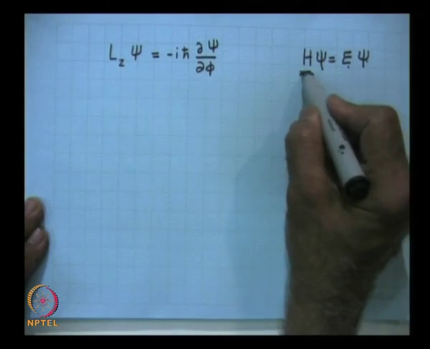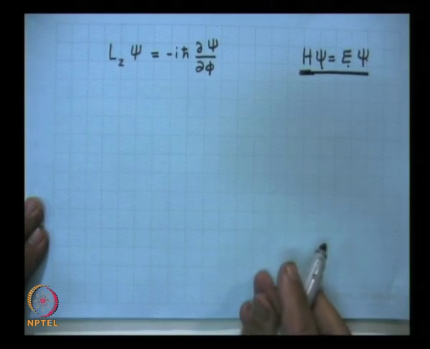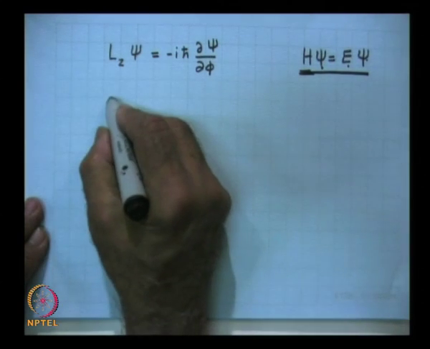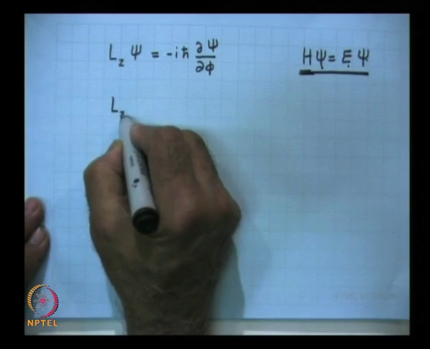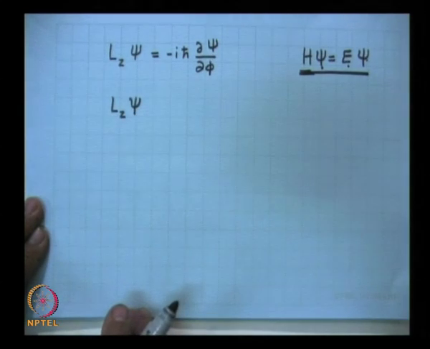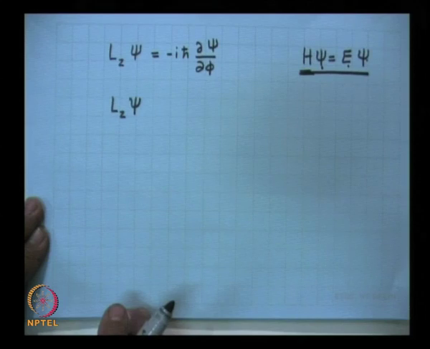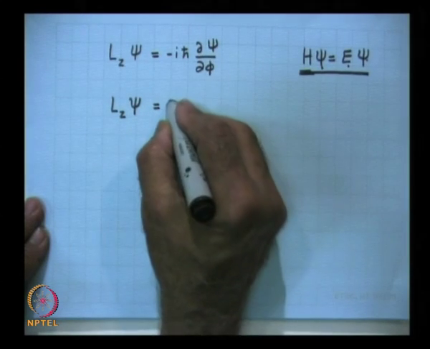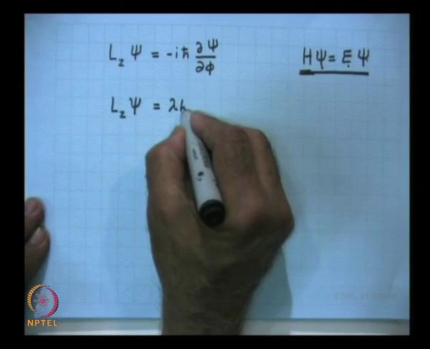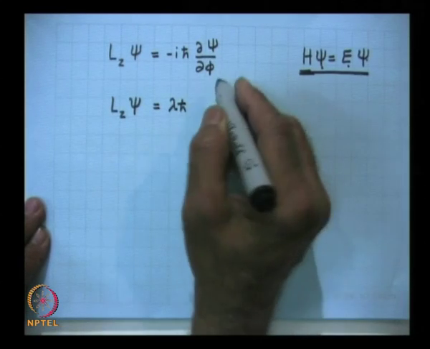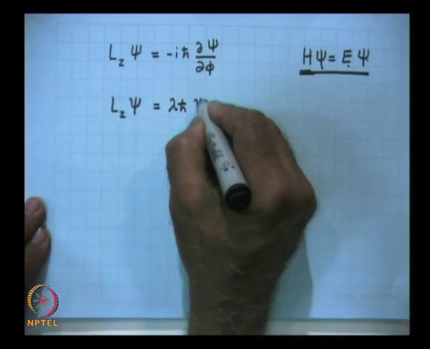Then this equation is known as the eigenvalue equation. So, I would like to find the eigenvalues and eigenfunctions of the operator Lz. Let me try to solve this eigenvalue equation, Lz psi equals lambda h cross psi. I introduced h cross just for the sake of simplicity.